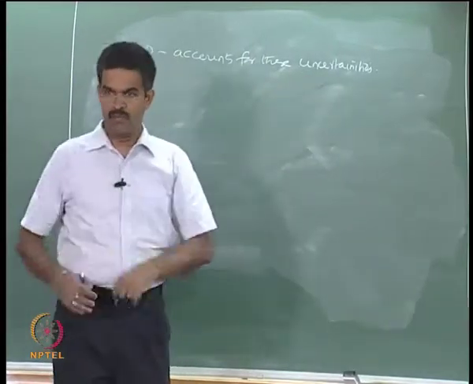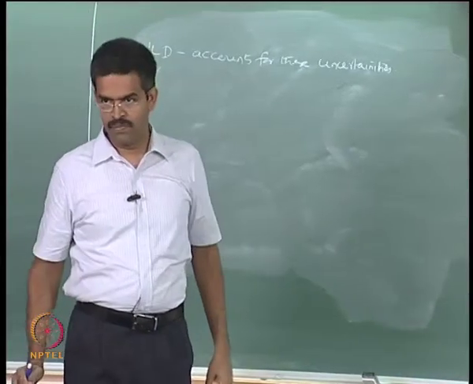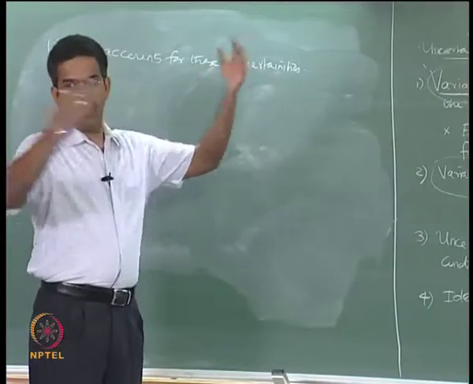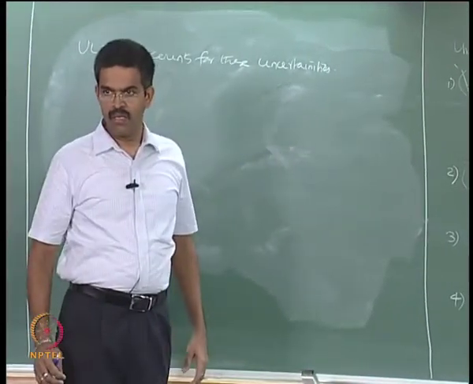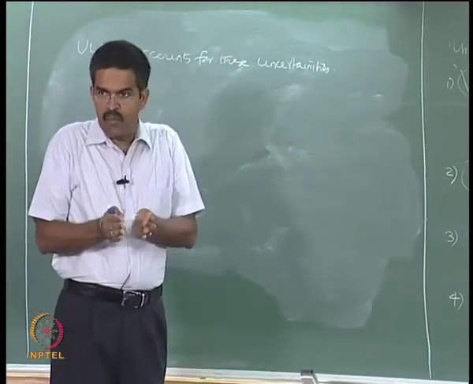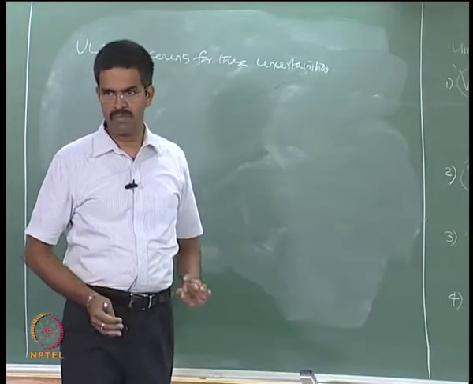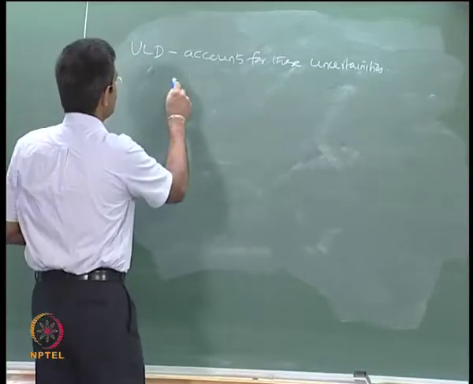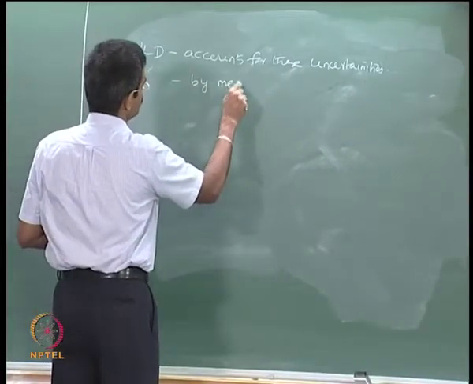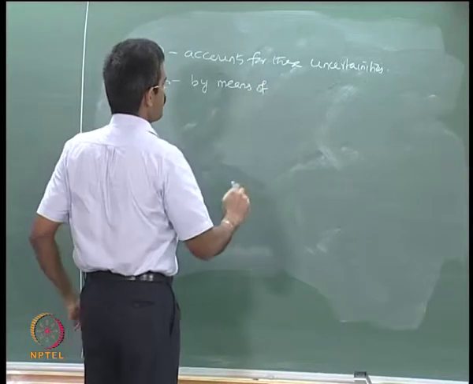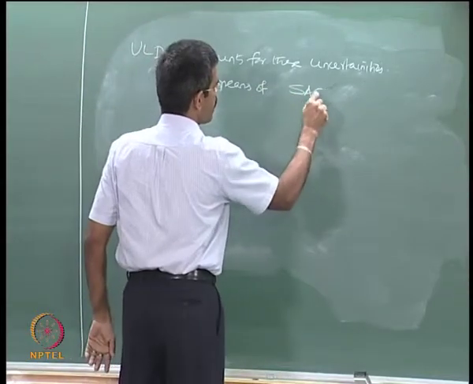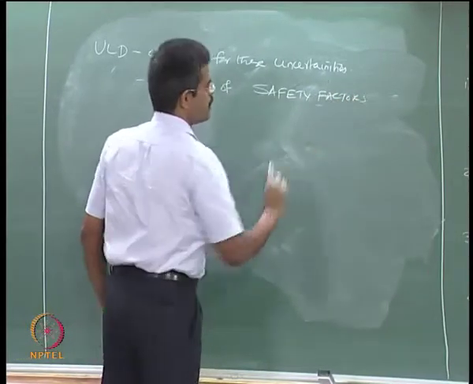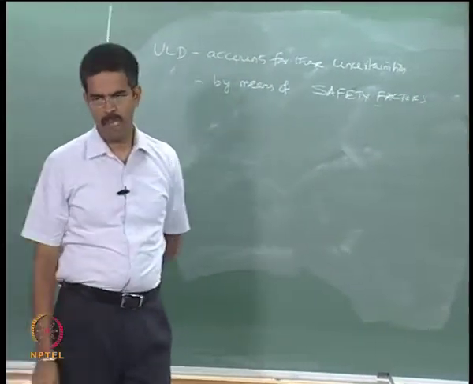There is a limit beyond which it will not be permitted. Is that clear? So, we are not allowing a broad range of variability, but we allow within a certain band. What is that band? That is what we are going to discuss today. So, it accounts for uncertainties, but how? By means of safety factors.